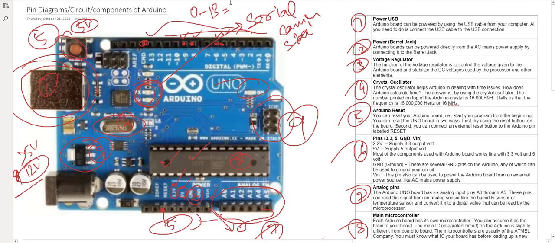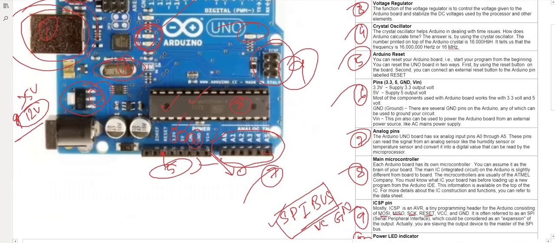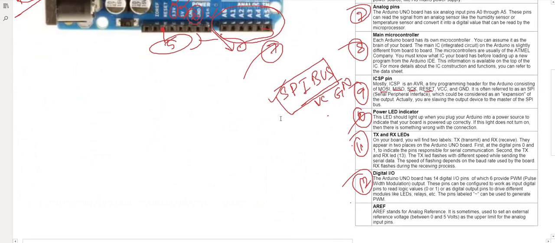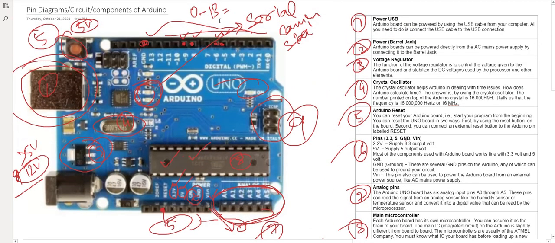I will be discussing it in a very detailed manner. And then comes AREF, analog reference. I will explain what the analog reference voltage is when I talk about analog input. I hope you have a basic knowledge of what the components are.